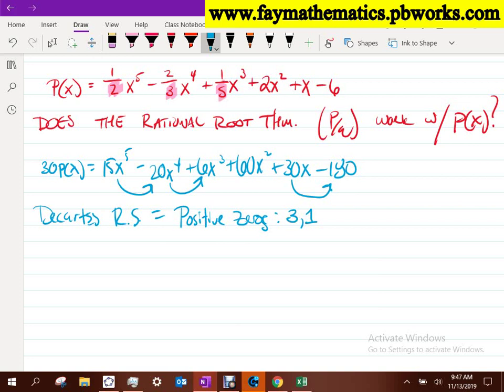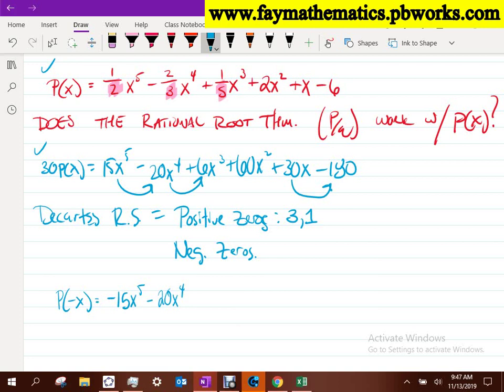Okay? So let's talk about the negative zeros. Now for the negative zeros, I need to go in here and plug in a negative x, right? So p of negative x. And I could do that in either that polynomial or this one that's 30 times bigger. It doesn't matter. But that would give me negative 15x to the fifth. This would be negative 20x to the fourth still.